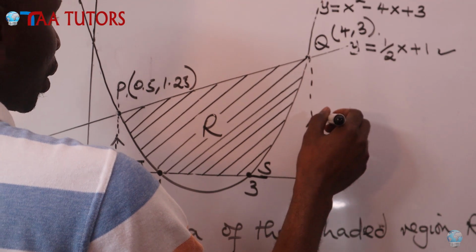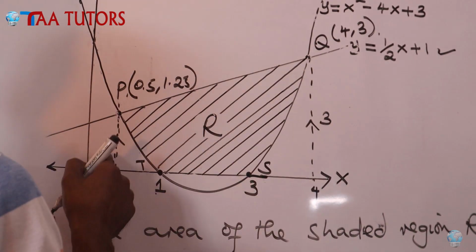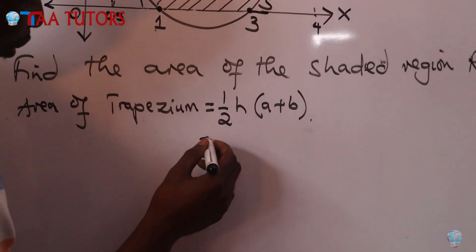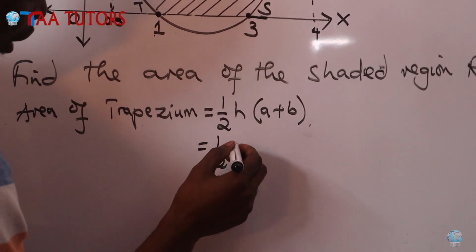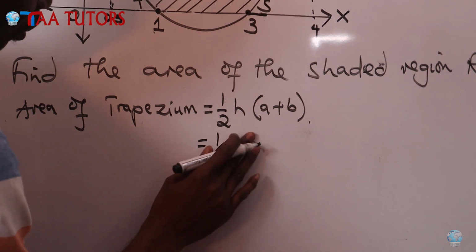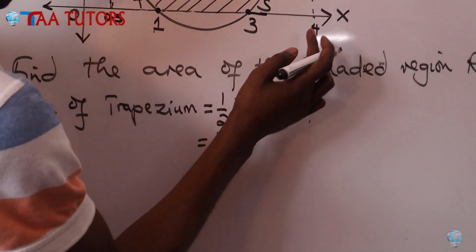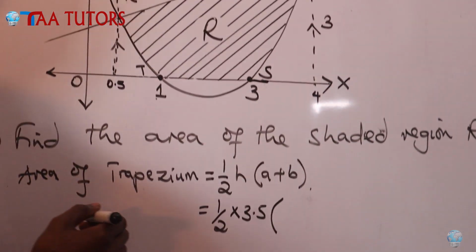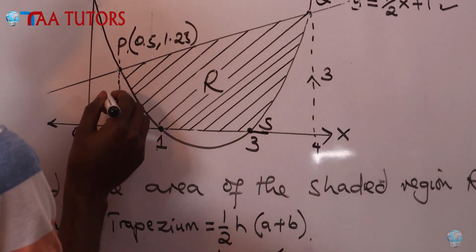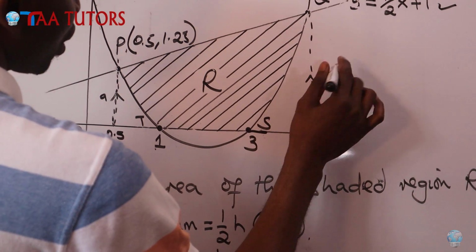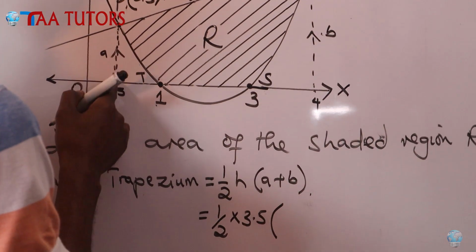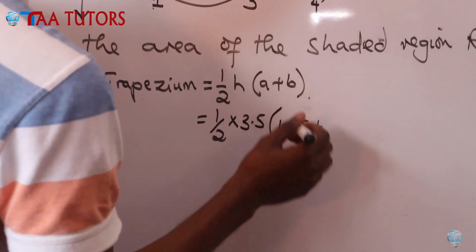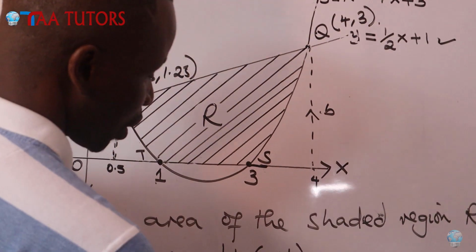This one here should be 1.25 there, so we can work with that. We're saying half times h, which we have said is 3.5, times a plus b. So a we have said is the y value of the coordinate, which is 1.25, plus b is the y value of that one, which is 3.